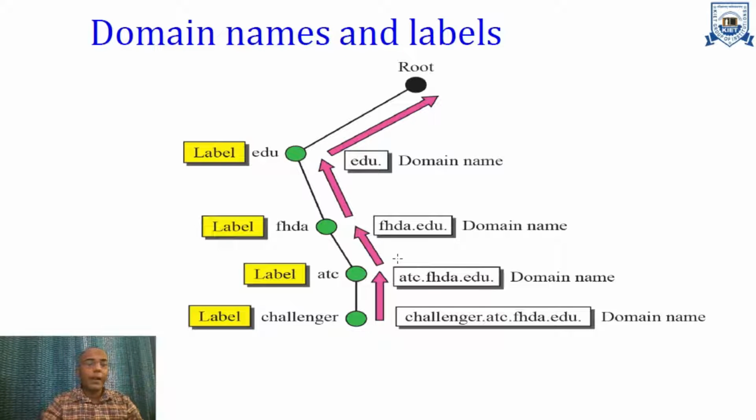The domain names are divided into labels, each and every part. For example, take the domain name challenger.atc.fhda.edu. Each part here is one label. edu is a label, fhda is a label, atc is a label, challenger is a label. So we are using a combination of labels, and each label represents one particular level in the tree, ranging to the root.